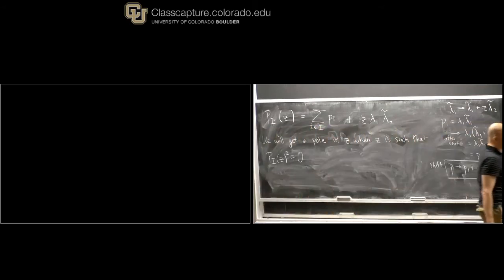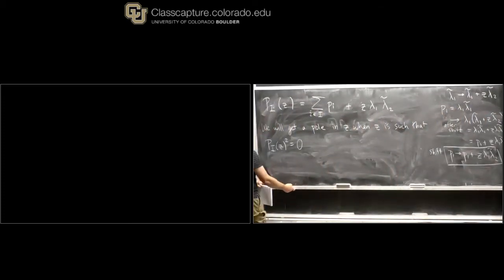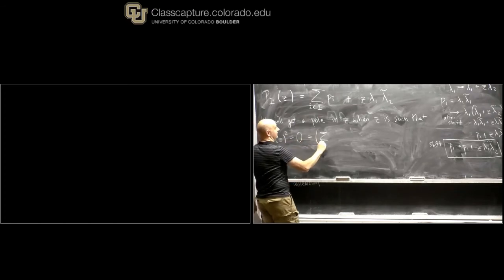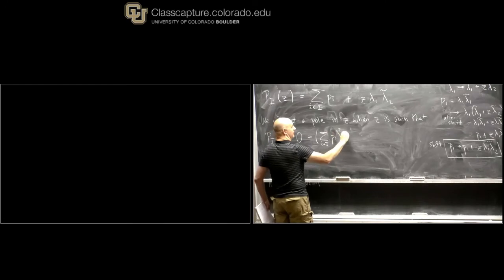That's by the factorization theorem for tree-level amplitudes, that the only places you get a pole are when you have an intermediate propagator going on shell like that. Okay. So using this formula, first I get this pi squared.